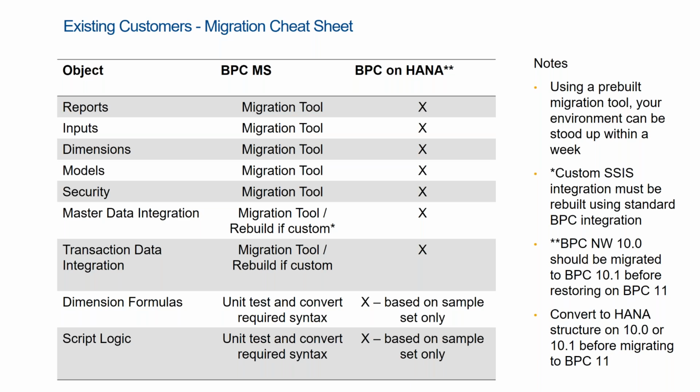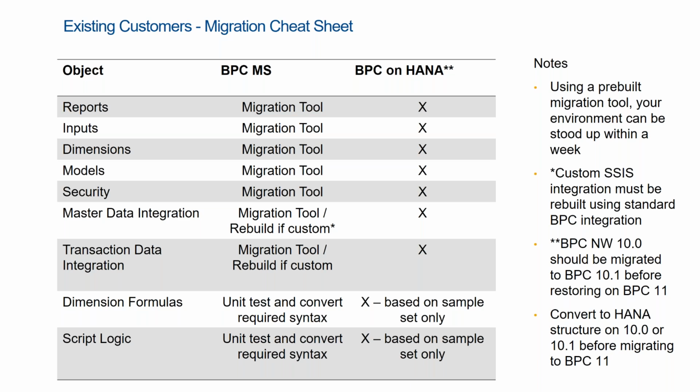What we've seen has worked, at least internally to date, when upgrading these older ones, is move to 10.1 on HANA, run the conversion program to move yourself to HANA, and then when you go to 11, we haven't experienced issues. But if you don't go through all those steps in the right order, we've run into problems.